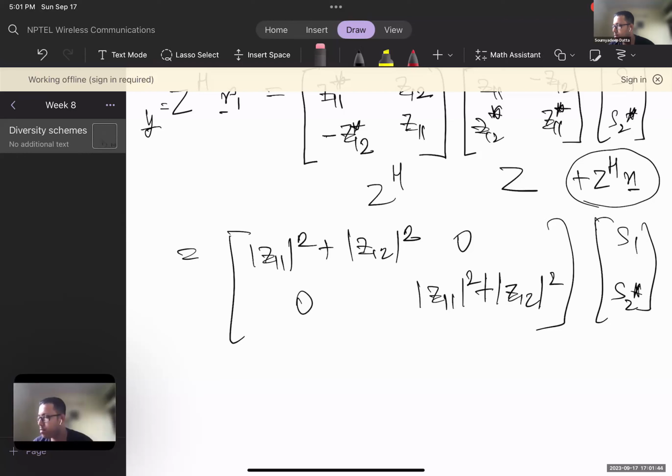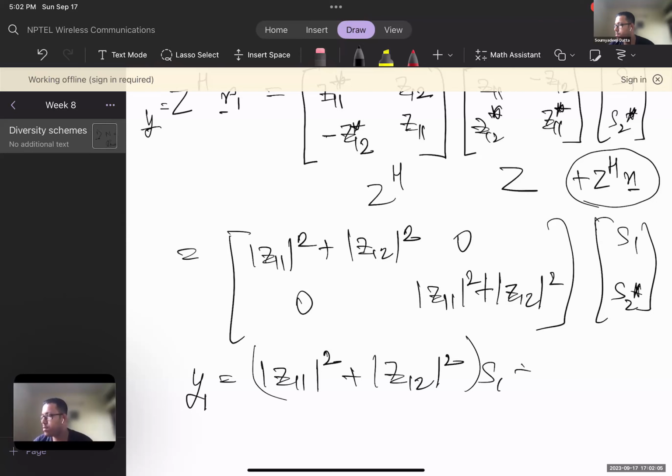Then this is a diagonal matrix, so the cross terms don't matter. Your first term is just the first row times this column. So this will be S1 plus some noise term.